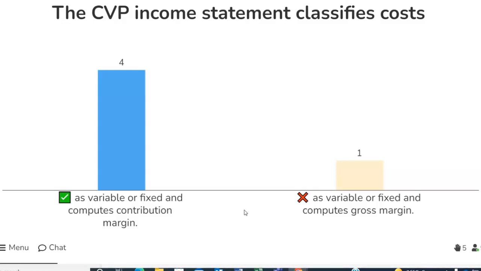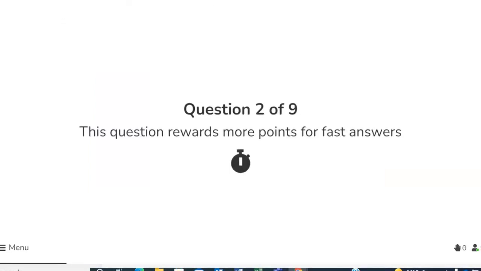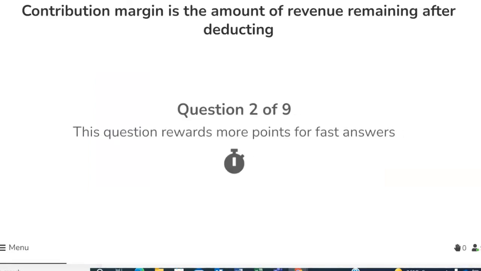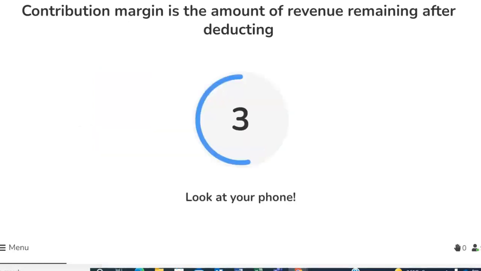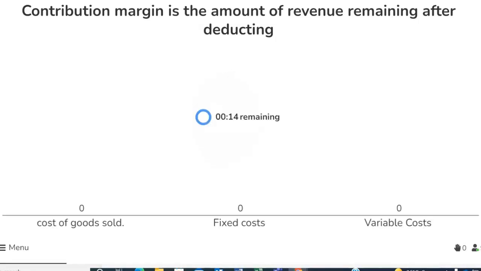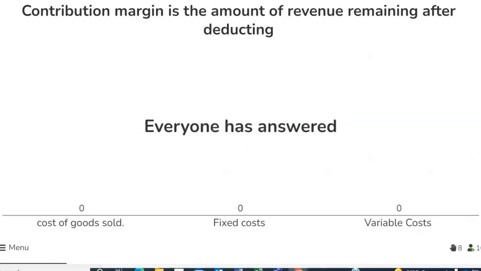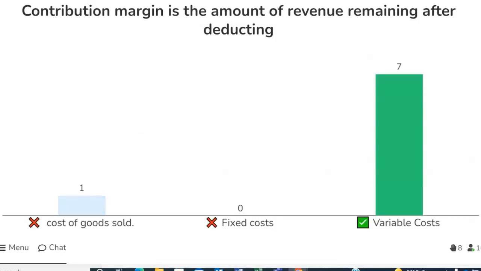We're talking contribution margin, and that is management accounting. Question 2. Contribution margin is the amount of revenue remaining after deducting cost of goods sold, fixed costs, variable costs. Yeah, good. We have more people join this time.